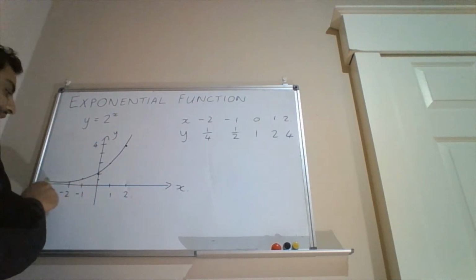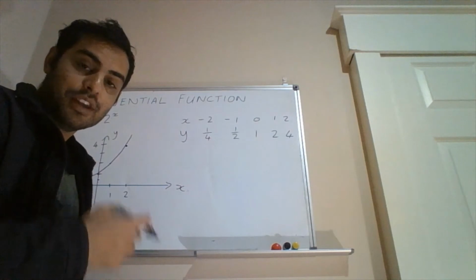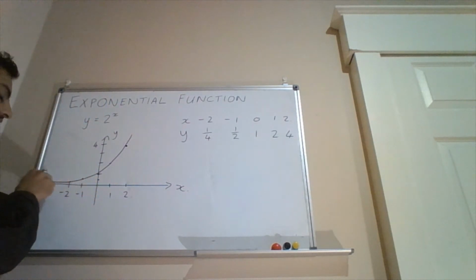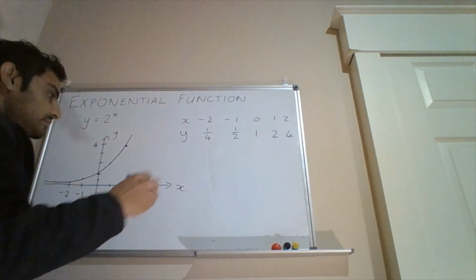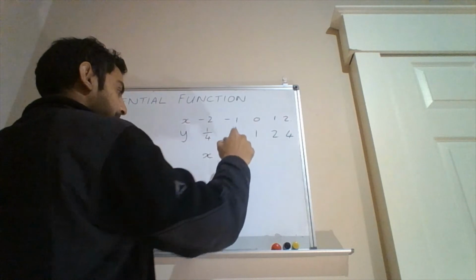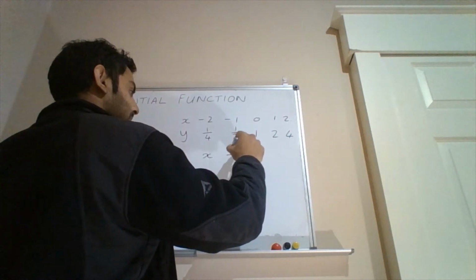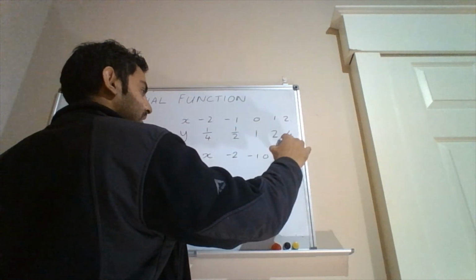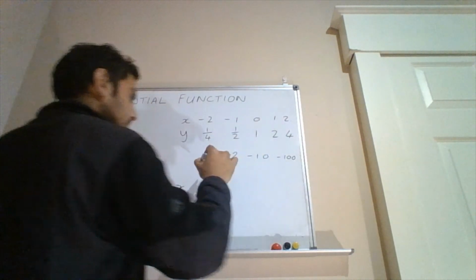So I'm going to make the x values larger and larger negatives. So we're going like this along the x-axis. Let's pick some x values: -2, -10, and -100.